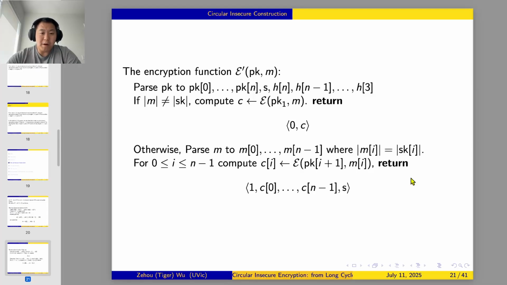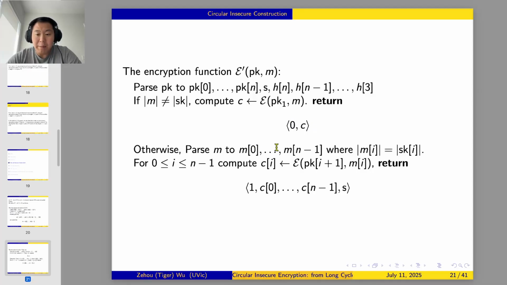The encryption function E prime takes pk and m and first parses pk into the components we described in the previous slide. And if m is not the length of a secret key, it will simply encrypt m under pk1 and output a tuple 0 followed by c.